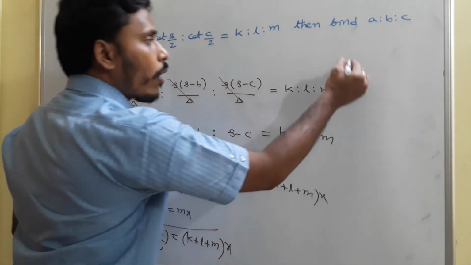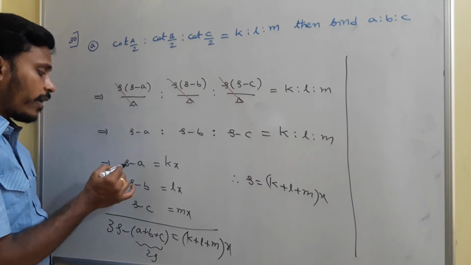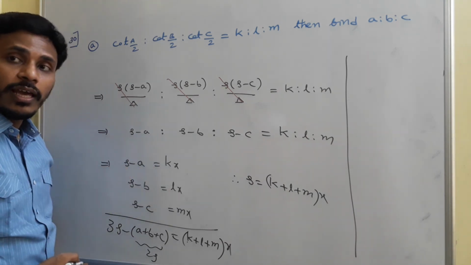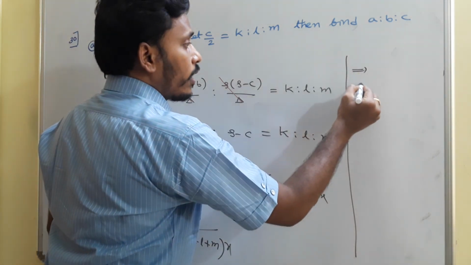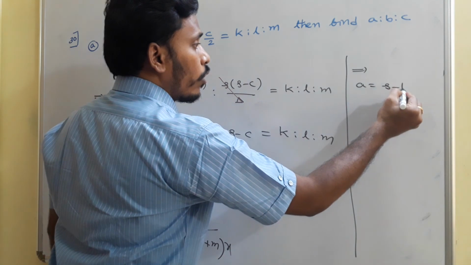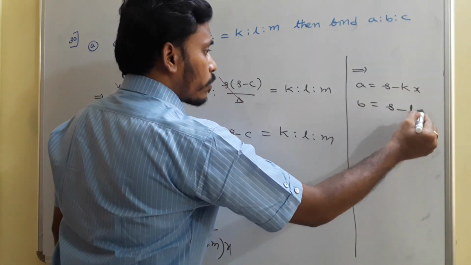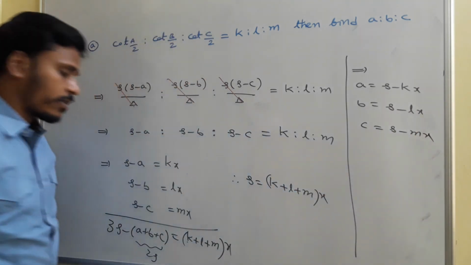Now what do we actually need? We need A, B, C. S minus A equals Kx, so A equals S minus Kx. Similarly B equals S minus Lx, and C equals S minus Mx.